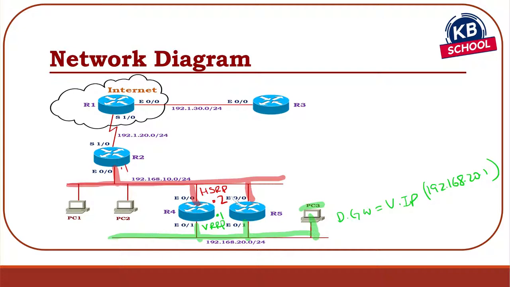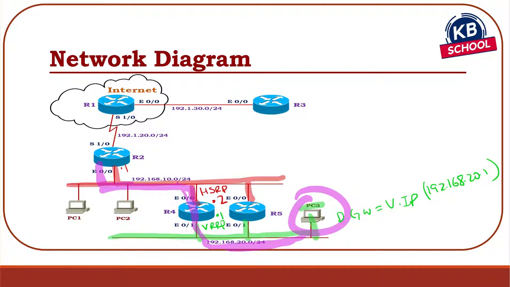I used .2 as the address between R4 and R5 on this segment. So I'm running HSRP on the outside, VRRP on the inside. What I just did in terms of the ping, I made a successful ping. I tested a successful ping which went through here, so this guy came back. So now my HSRP as well as VRRP are working on the same segment.